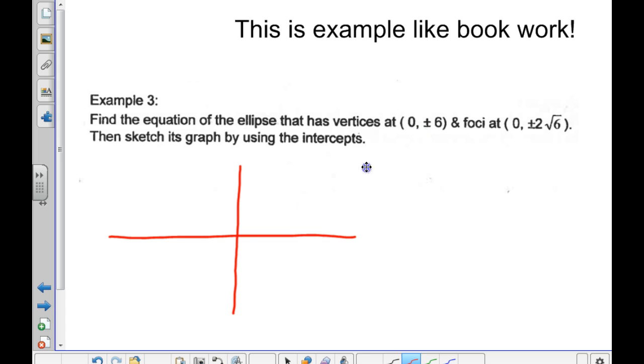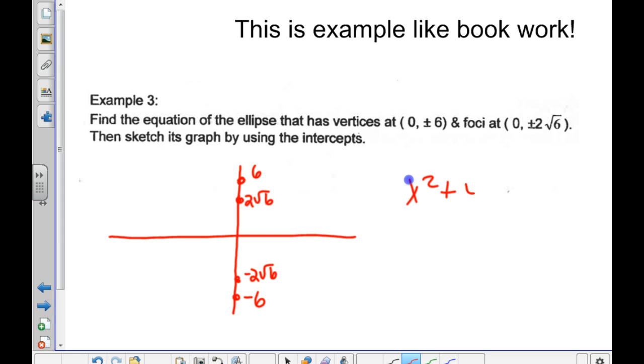It says there are vertices at 0 plus or minus 6 and foci at 0 plus or minus 2 square roots of 6. We're supposed to write an equation. Can anybody start us out?